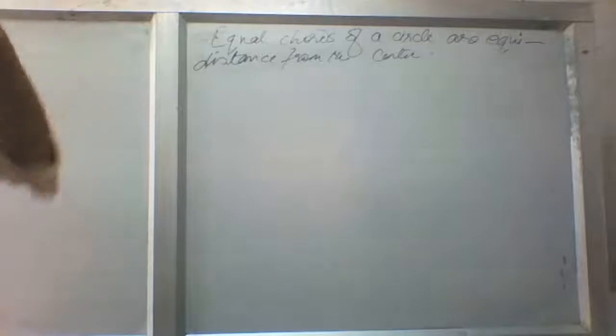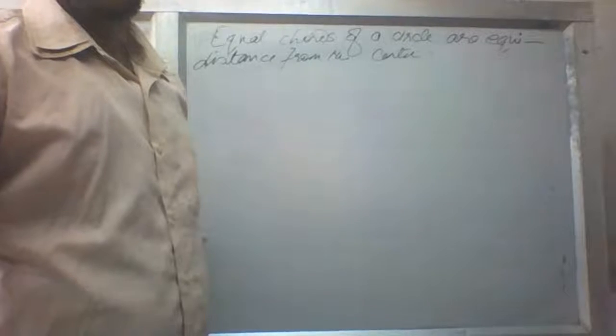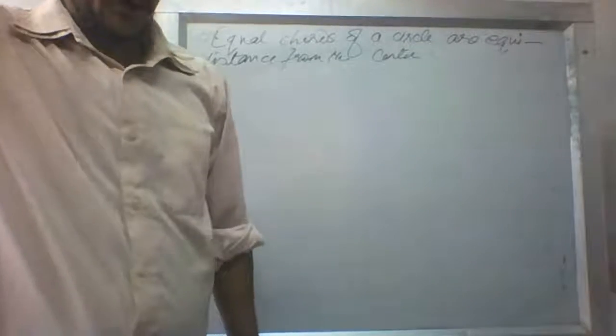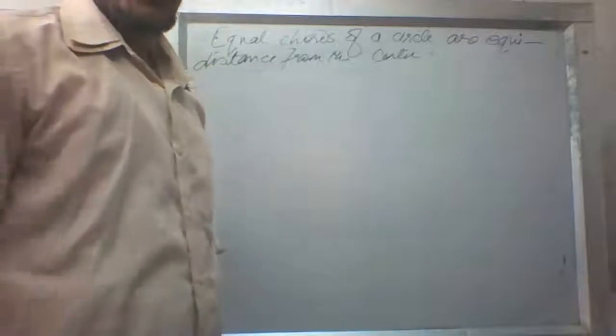Equal chords of a circle are equidistant from the center. And this is a theorem. You have to prove this theorem according to your requirement. How will you prove it?